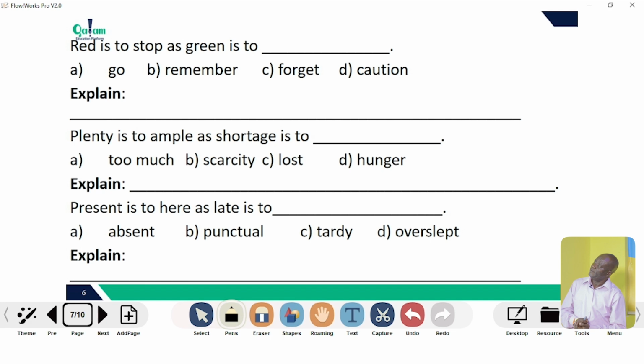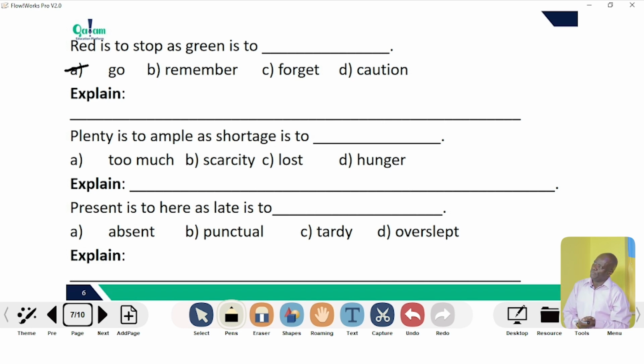Okay? Red is to stop as green is to what? Check your answers, exchange your books. Red is to stop at the traffic lights as green is to go. Yes, because green means you can start going.